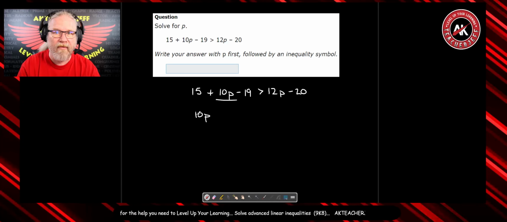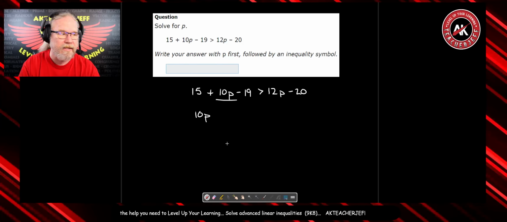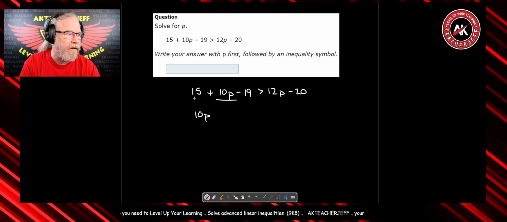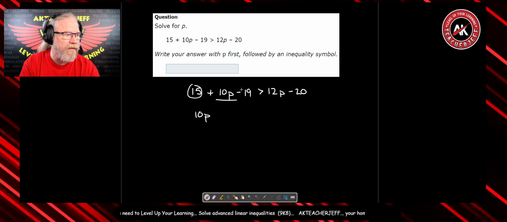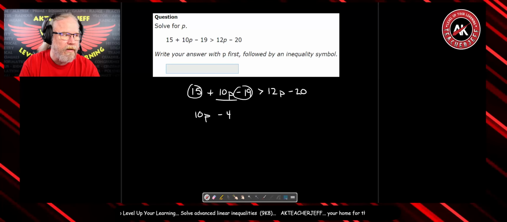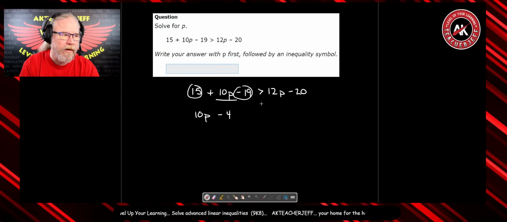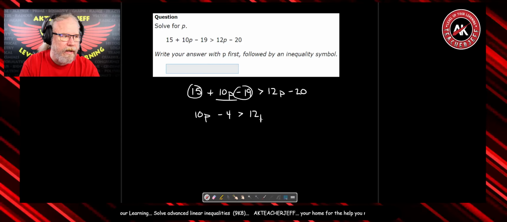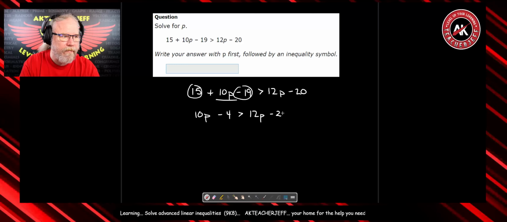I want the p's to come before the constants, right? The terms with variables come first and the constants come later. So I've got positive 15 and negative 19. Well, together that's going to be what? Minus 4. 15 minus 19 is negative 4. Bring down my symbol, greater than 12p minus 20.